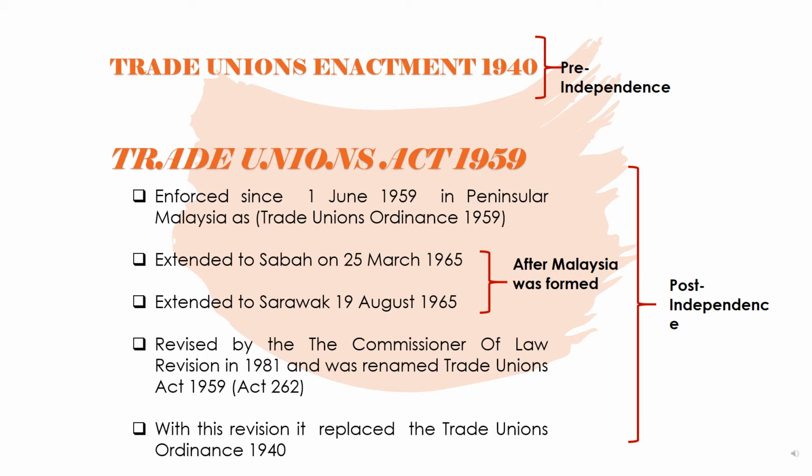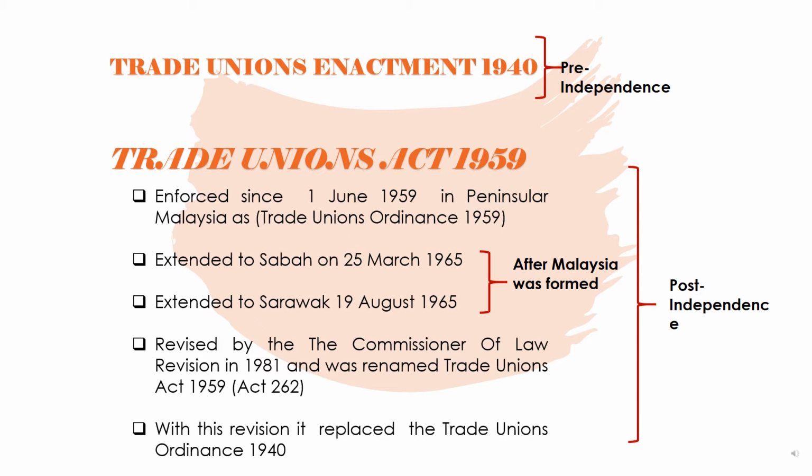The Trade Unions Act was revised by the Commissioner of Law Revision in 1981 and was renamed Trade Unions Act 1959 (Act 262). With this revision, it replaced the Trade Unions Ordinance 1940.